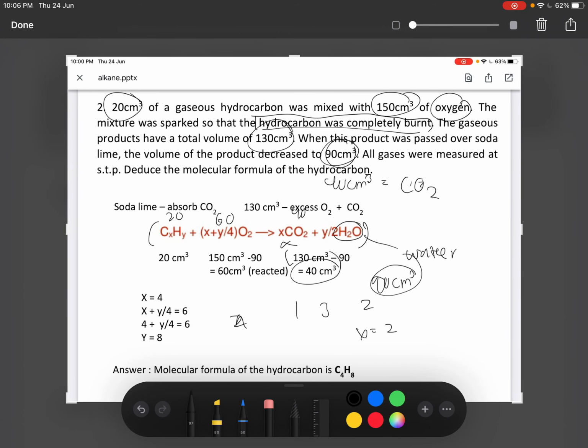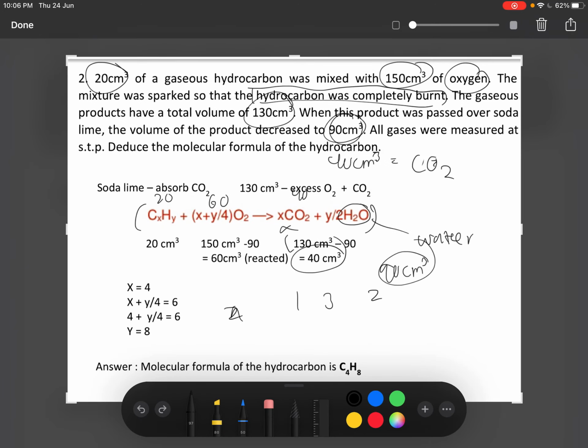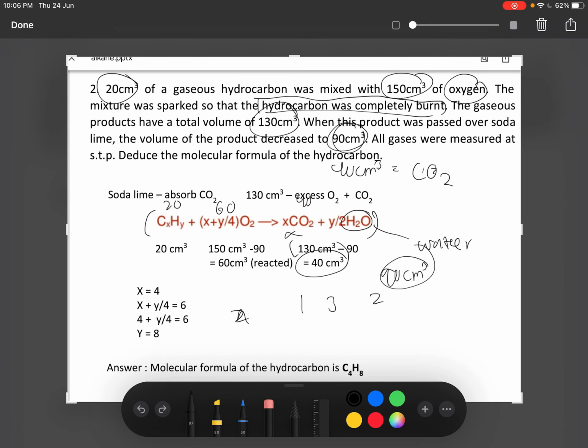So if you put x equals to 2, wait, no. Apparently you have to divide by 10. I don't know if you can actually simplify it to the simplest ratio.